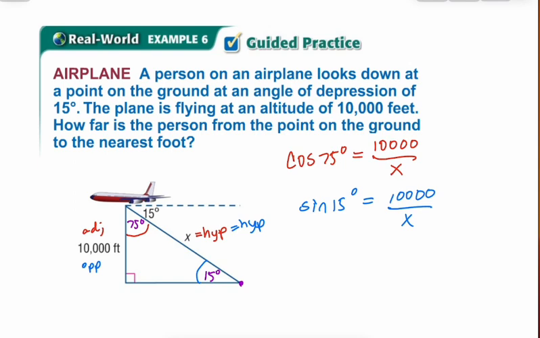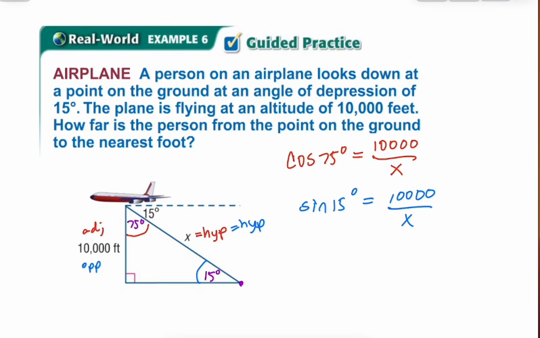And that's because it fills the right triangle perfectly if those two add up to 90 degrees. So if you decided to do the top one, cosine of 75 equals 10,000 over x, or if you decided to do the sine of 15 equals 10,000 over x, they're both right. You just pick, it doesn't matter.